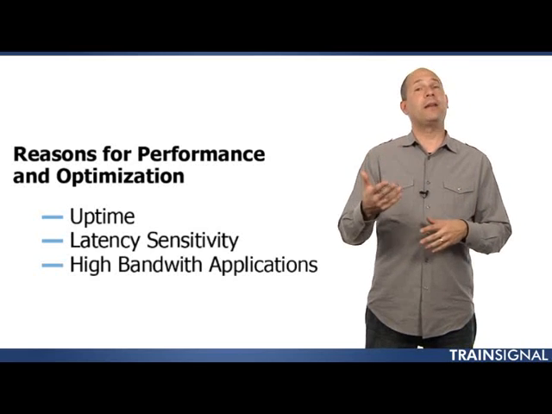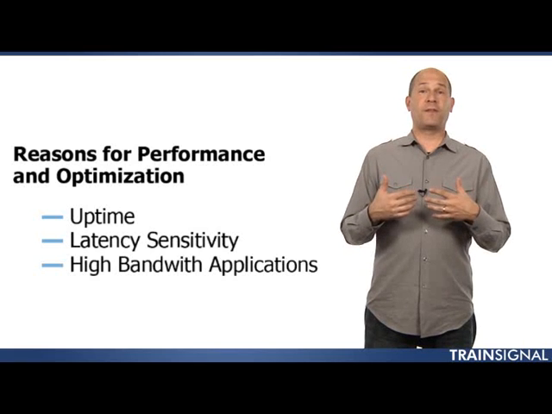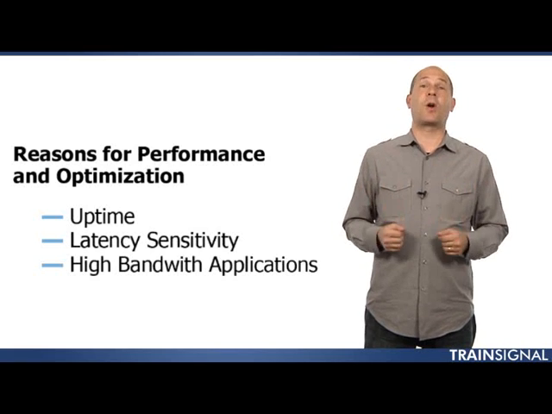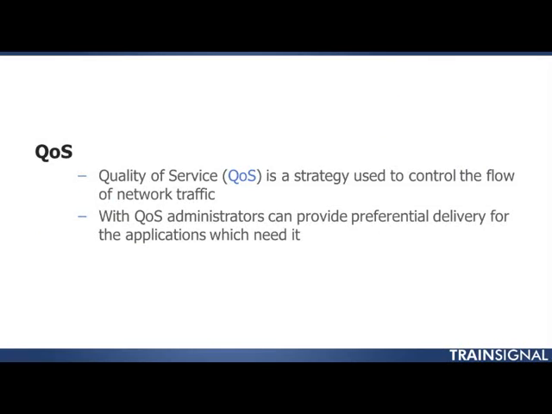So now that we know that, let's take a look at some of the specific ways to make this all happen. The first performance and optimization strategy that I want to talk to you about is quality of service, or QoS. This is a strategy that is used to control the flow of network traffic. This is done by giving administrators the ability to provide preferential delivery for certain types of applications which need it.